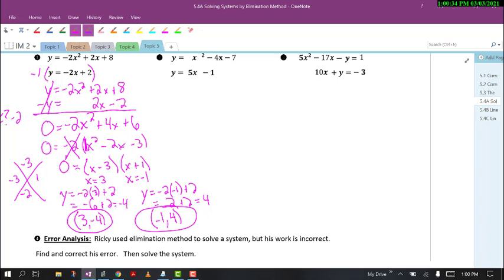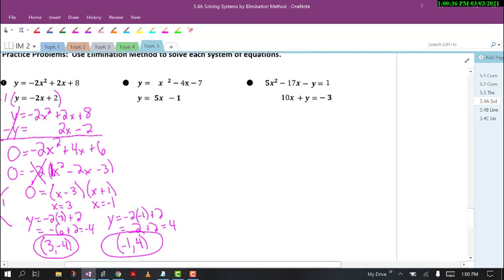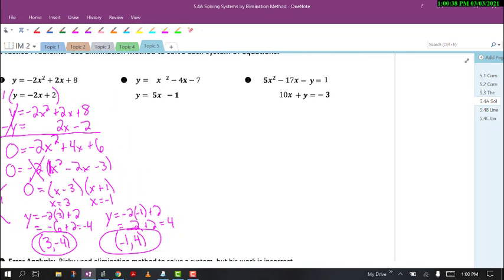Let's keep trying these. The second one, again, let's multiply the second equation by negative 1. We'll rewrite the first equation, especially since it's spaced out weird. And then negative 1 times y, negative 1 times 5x, and negative 1 times negative 1.